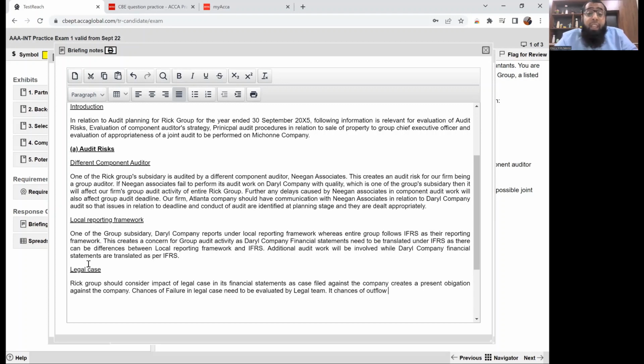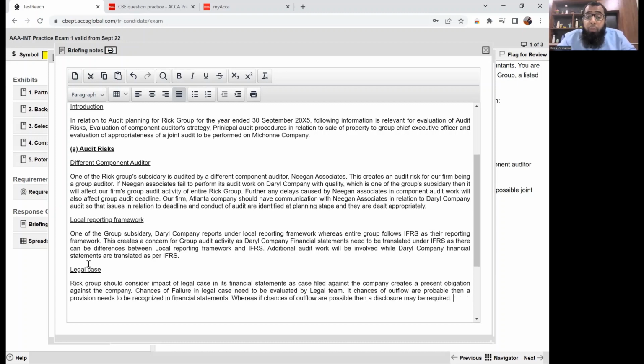If the chances of outflow are probable, then a provision needs to be recognized in the financial statements. Whereas if the chances of outflow are possible, then a disclosure may be required.